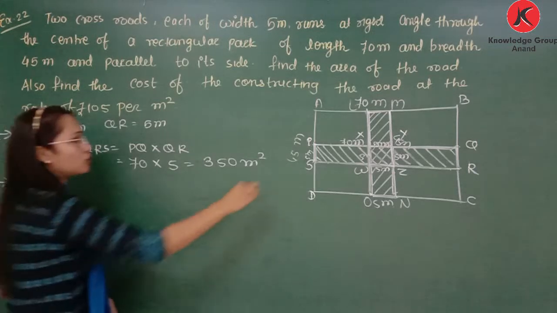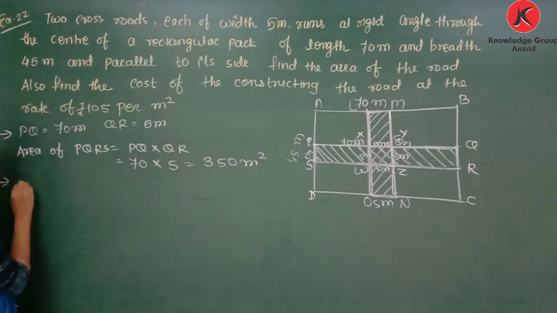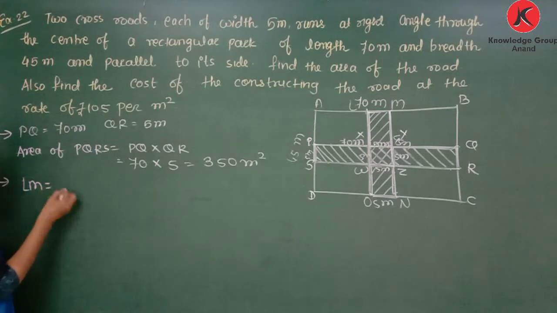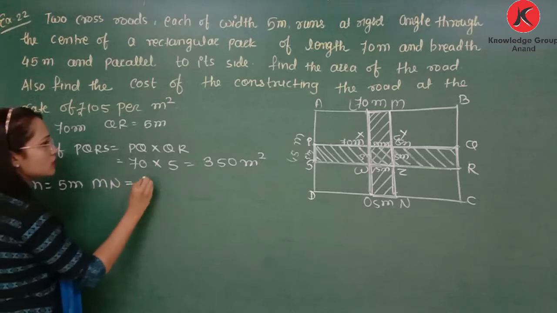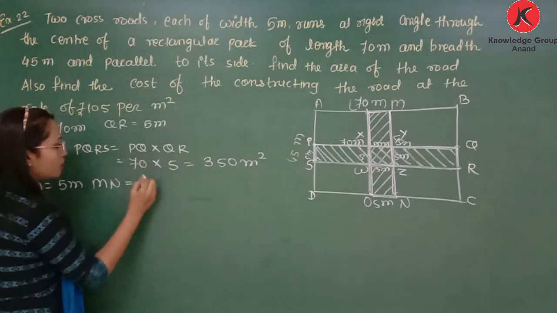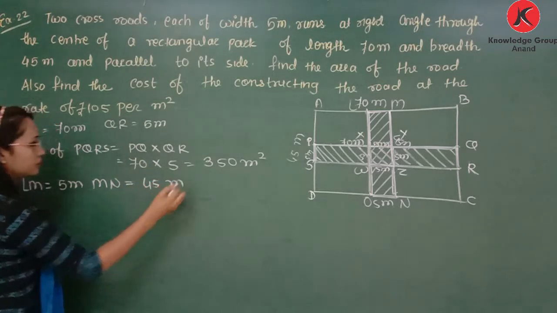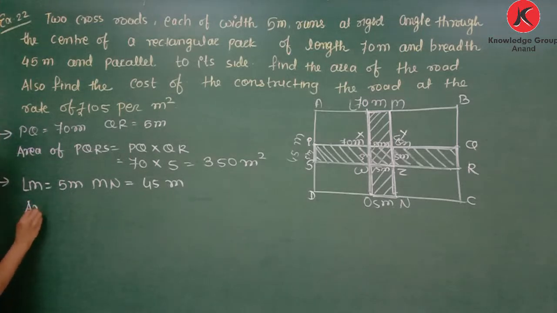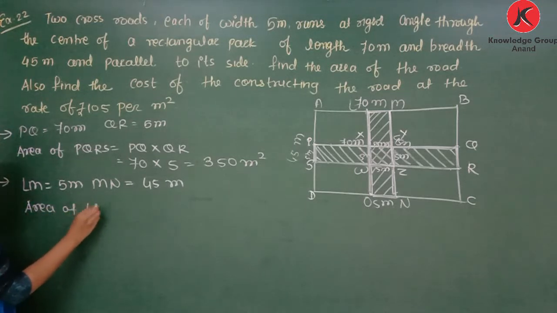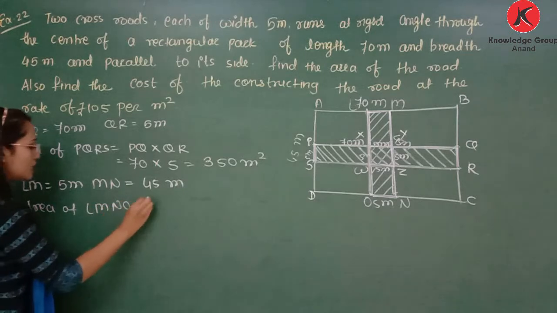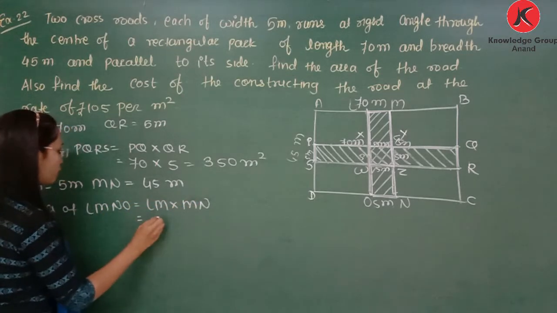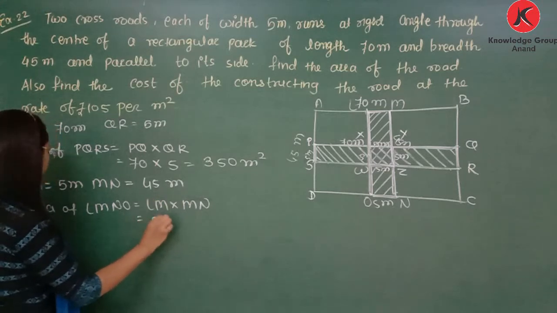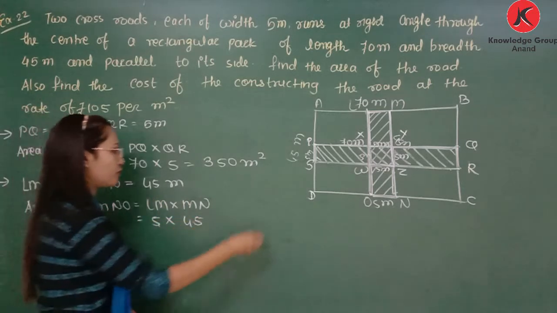Now for the vertical road, that is LMNO, in that LM is 5 meter and LN is 45 meter. So area of LMNO is LN multiplied by LM. So 45 multiplied with 5.